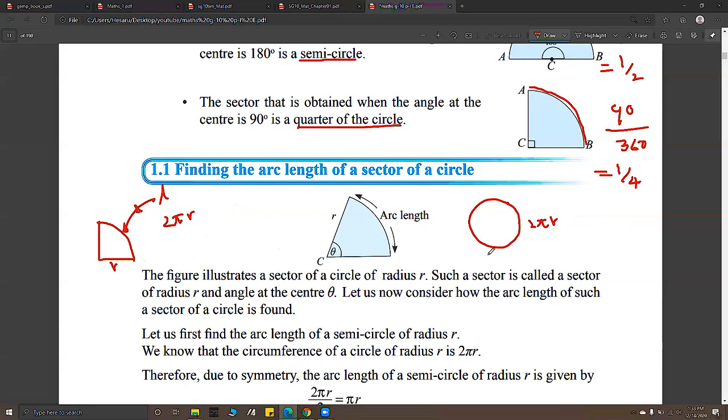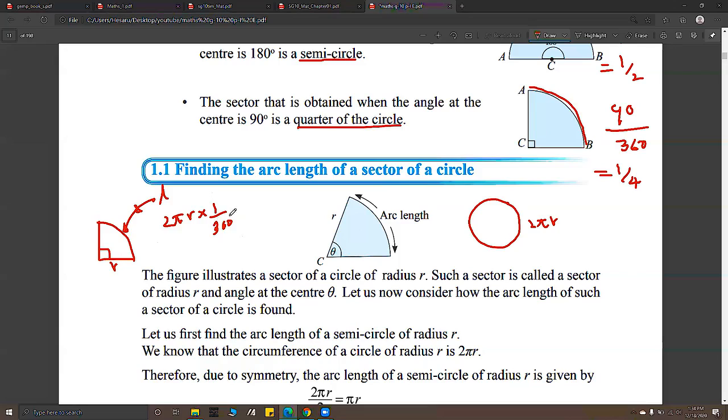This 2 pi r gives the whole length of a full circle, but what you need is just the 90 degrees part. So how can you find this length? By a simple proportion method. You multiply this by 1 over 360. 2 pi r is the perimeter of a 360 degrees circle, a full circle.